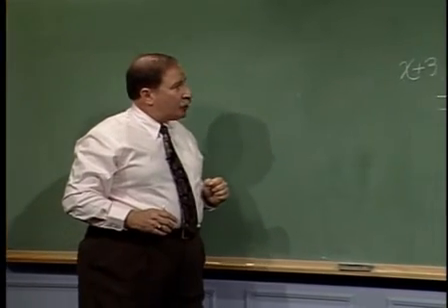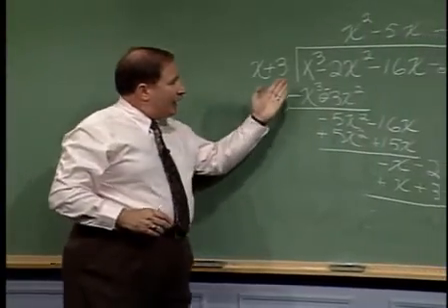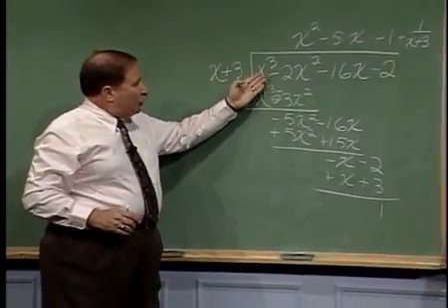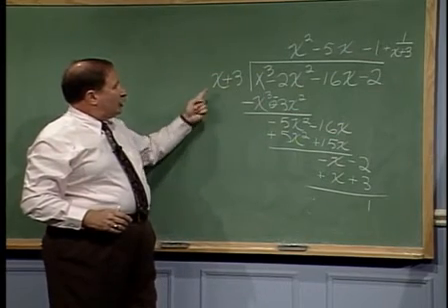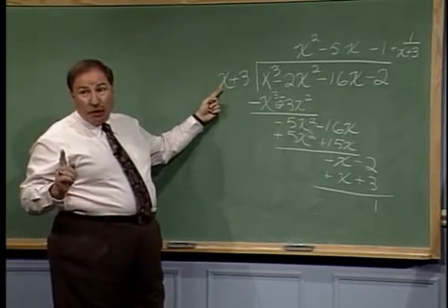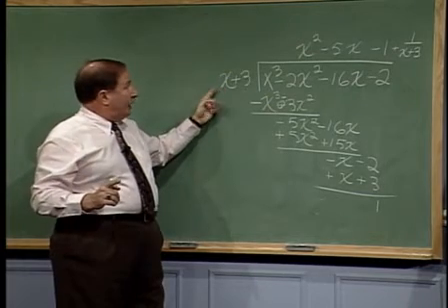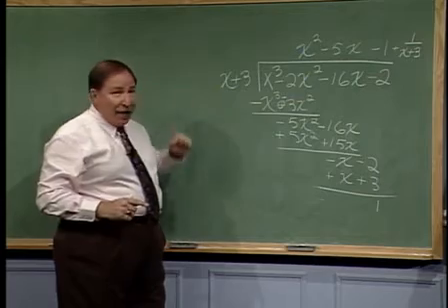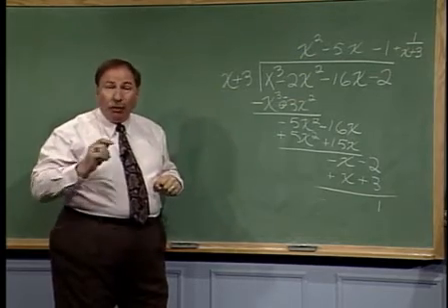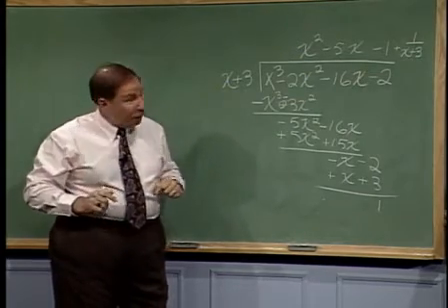Now, you'll notice the first thing we saw is that we had x cubed, x squared, x, and our constant term, and we knew that since this was x, and of course synthetic division, by the way, only works when you're dividing by 1x plus or minus some number. It has to be 1x, and we'll run into a problem later on that will not have a 1x, and we'll see what we do.